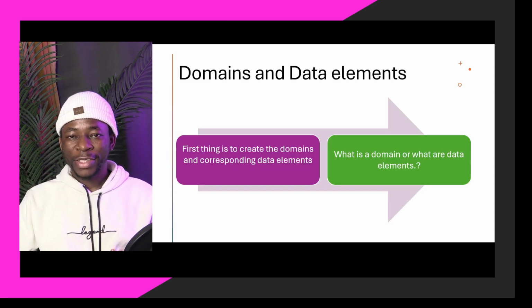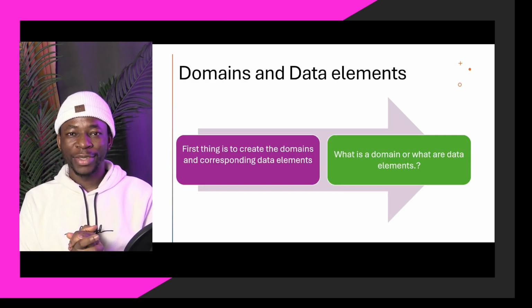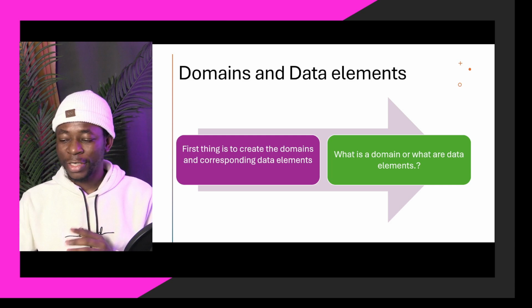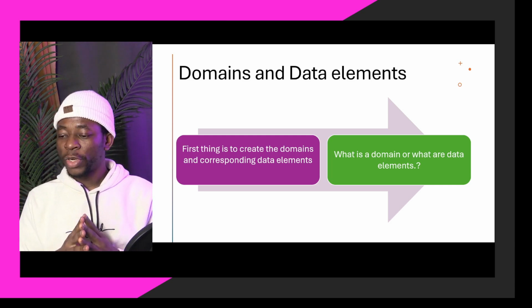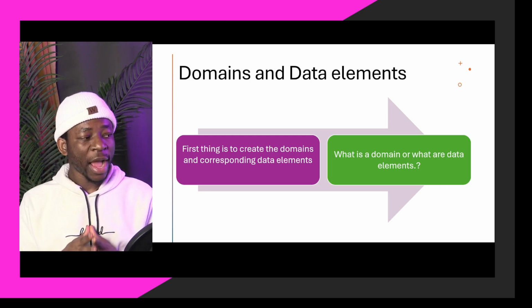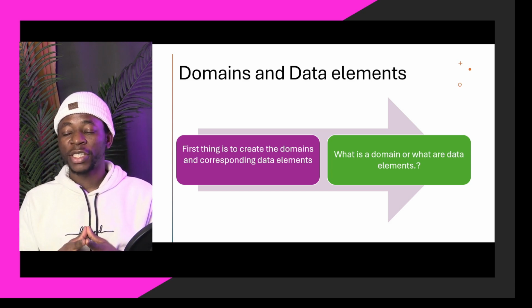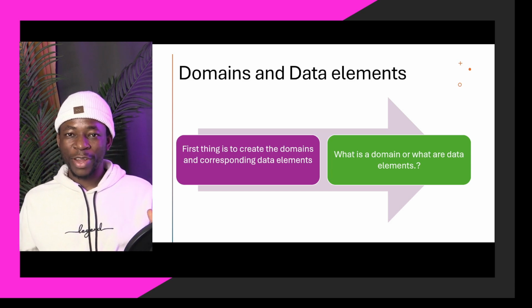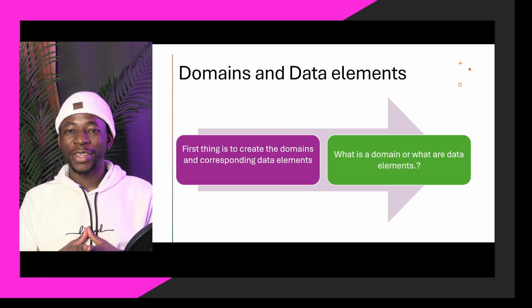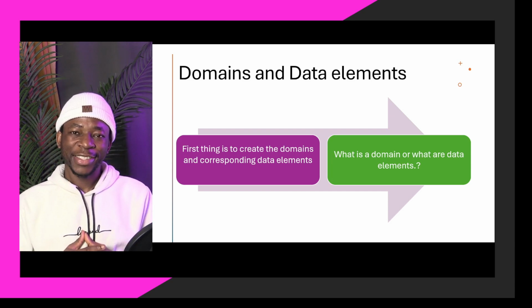So to get started, we want to create the table structure. The first thing that we need to do is create the domains and the corresponding data elements. So the question arises, what is a domain, or what are data elements?